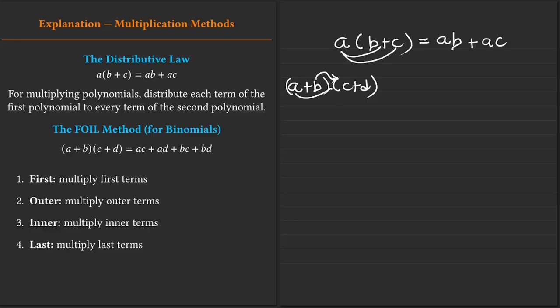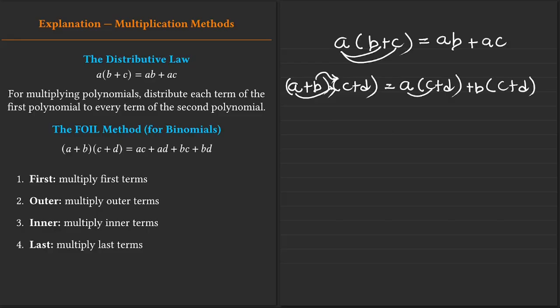And then this second term should also do the same. So even before we go to our FOIL method, we can rewrite this as a, that is the first term, multiplying this whole bracket, so that we have a into bracket c plus d. Then our second term should also multiply the bracket, so that we have a positive b into bracket c plus d.